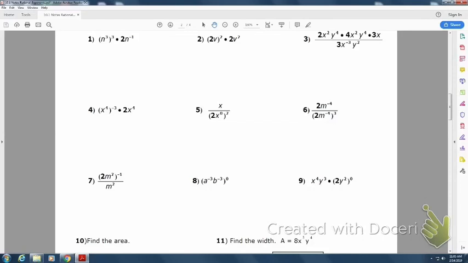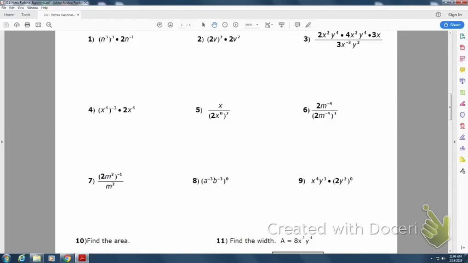If you do the properties correctly, it doesn't matter which order you do it in. You'll probably see me do different problems with the same kind of properties in different orders. But the one thing I will normally try to do first is get rid of any exponent.